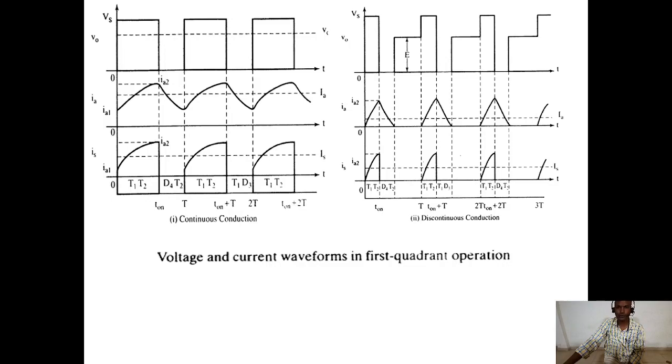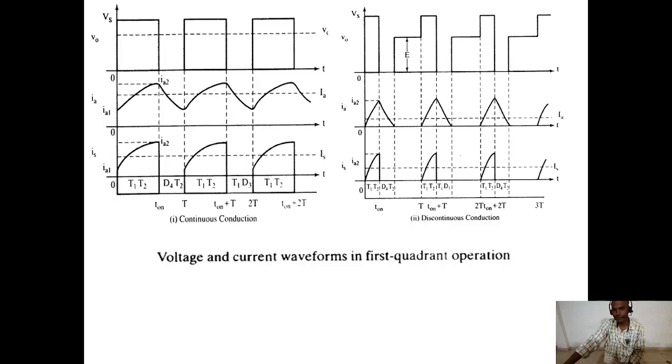Here also the same transistor sequences apply: T1 and T2 are on in the first part, and D4 and T2 in the next. It is a continuous process, but here the source voltage is different compared with the continuous conduction state. The source voltage is changing, the armature current is also changing, and with armature current control changing, the source current is also changing.